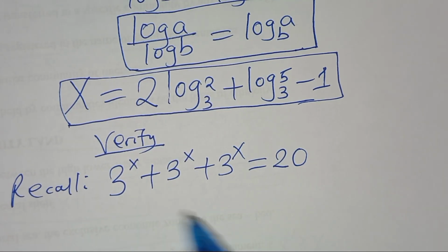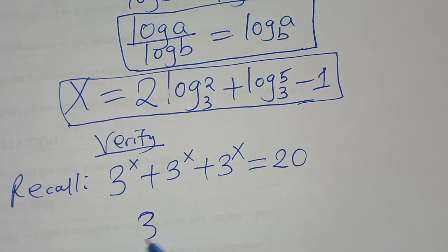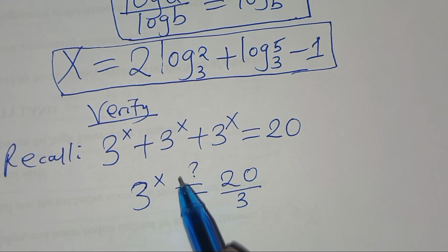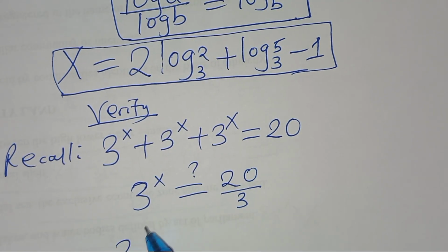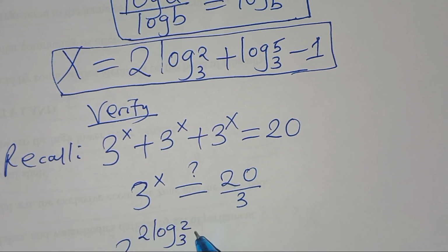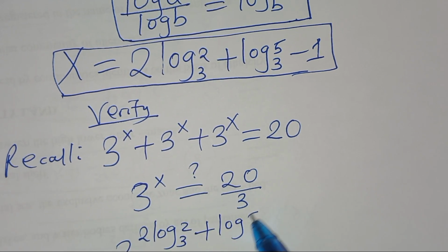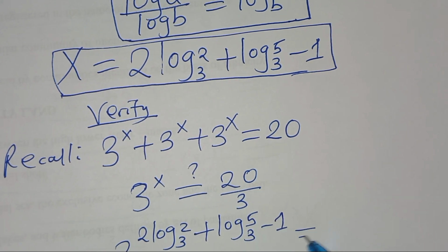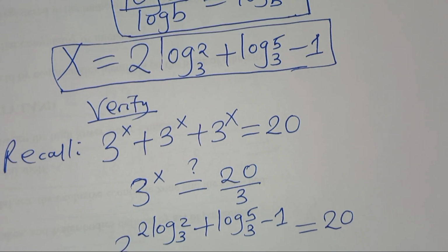We'll simplify this further to 3 to the power x, which is essentially equal to 20 divided by 3. So let's check if this is true. Let's substitute here 3 to the power x, which is 2 log 2 to base 3 plus log 5 to base 3, subtract 1. This should give us a value of 20.